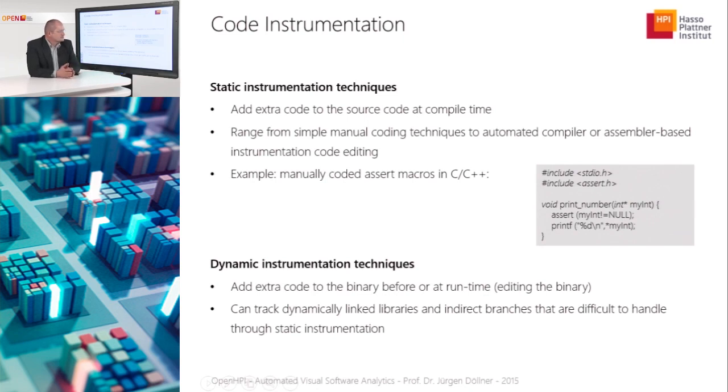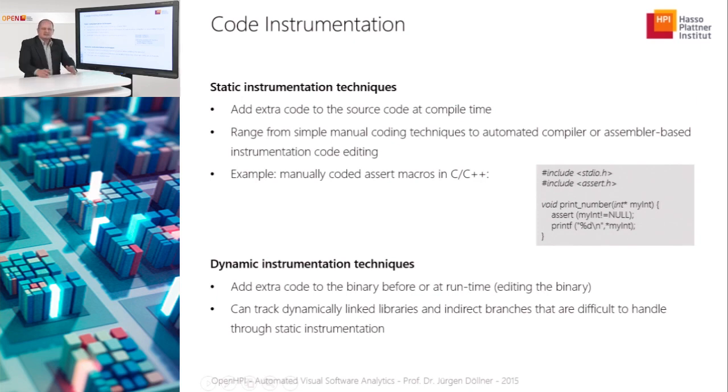It's a good old assert macro in C and C++. It adds extra code that can be excluded for the product version of a software system, or it can be included and compiled for the augmented one, for the instrumented version of the software system.